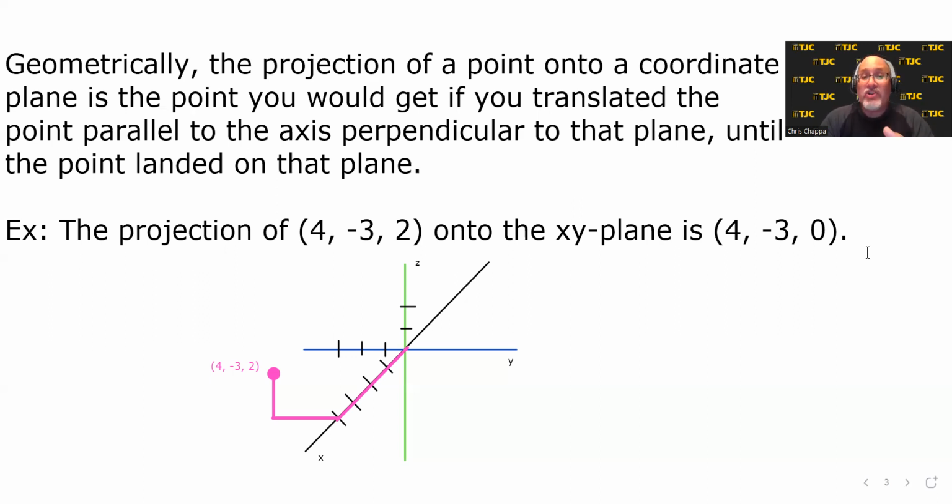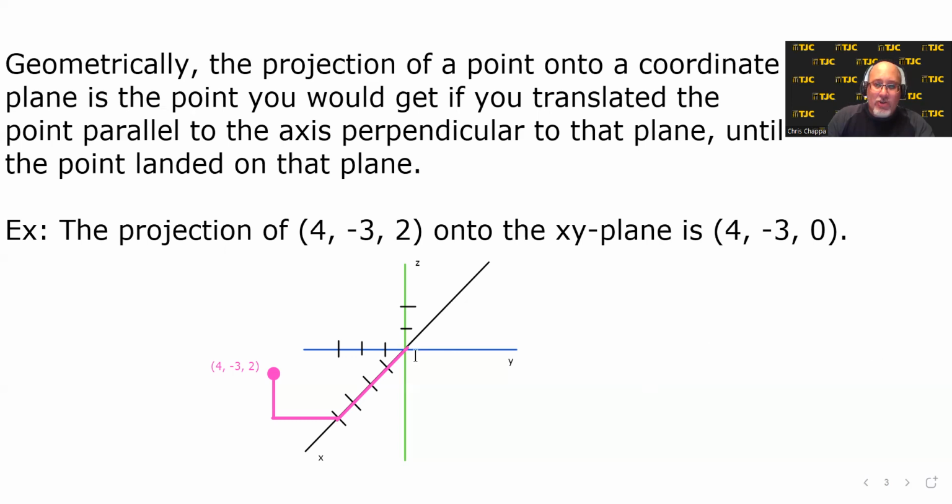For example, the projection of the point 4, -3, 2 onto the xy plane was 4, -3, 0. That was the first one we did here. Now, you'll notice that I already have a picture of 4, -3, 2 illustrated. And I also want to mention something else about drawing a point in a coordinate plane when you're emphasizing how to get to that point.